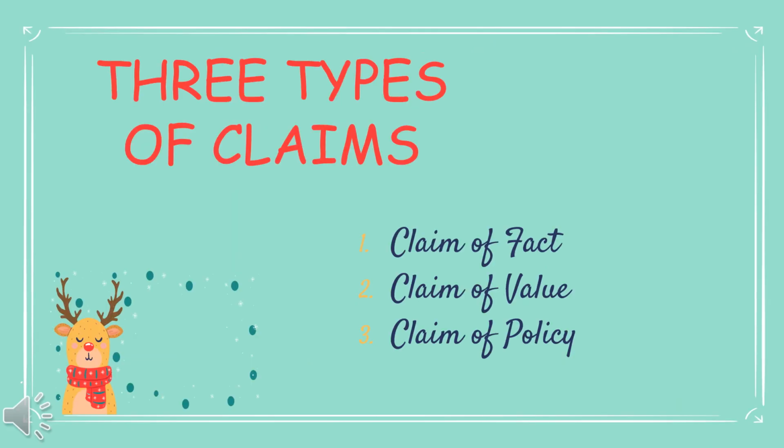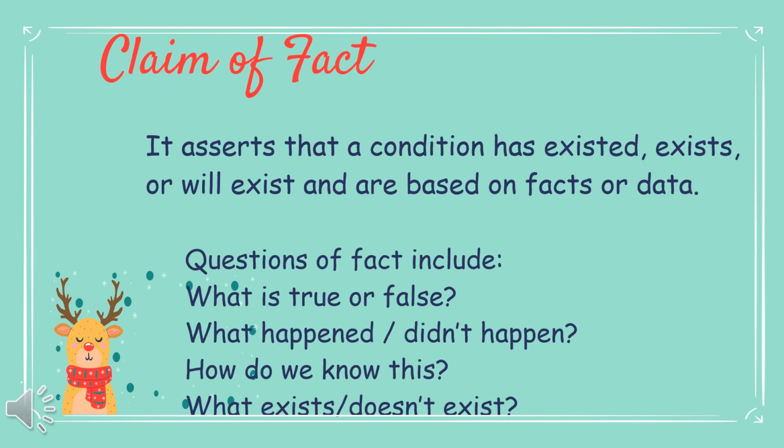In line with identifying what a claim is, we are going as well to deal with the three types of claims. And we have the following: claim of fact, claim of value, and claim of policy. When we say claim of fact, it asserts that a condition has existed, exists, or will exist and is based on facts or data.